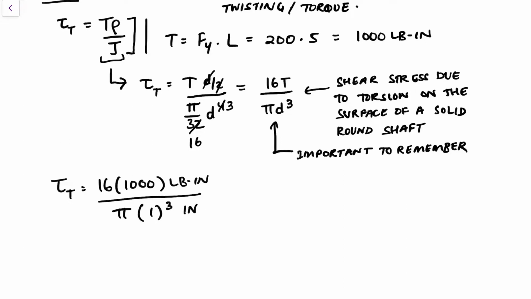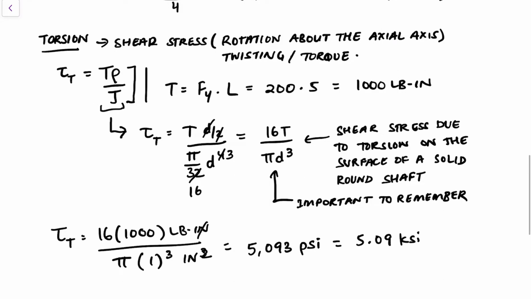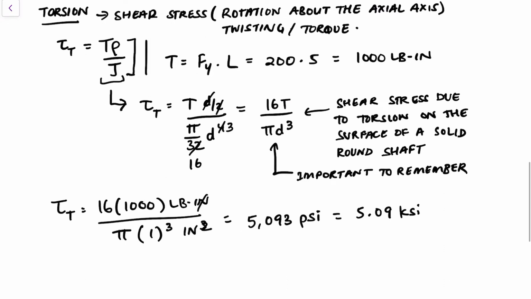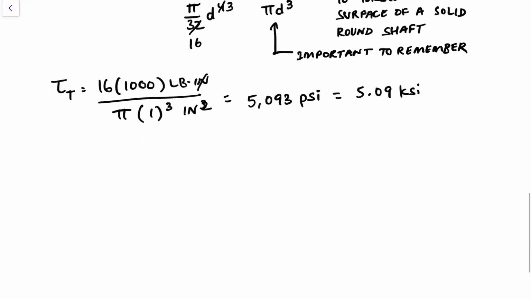And this is inch cubed, so this would become inch squared, and we're left with 5093 psi, or 5.09 ksi. So now we have torsion. So let's go and evaluate the transverse shear next.